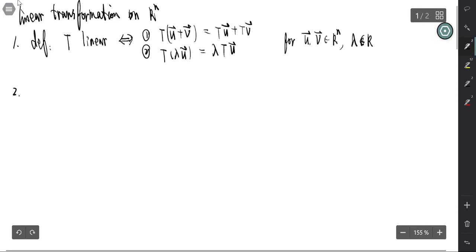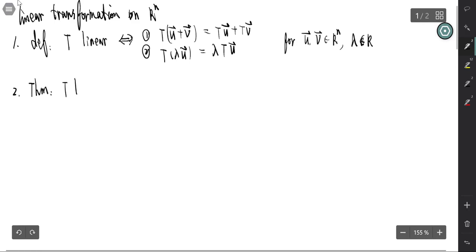The second problem is related to the standard matrix of a linear transformation T. To find the standard matrix of the linear transformation, there's a theorem.